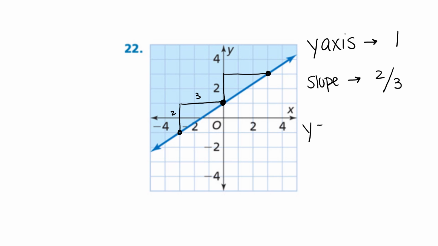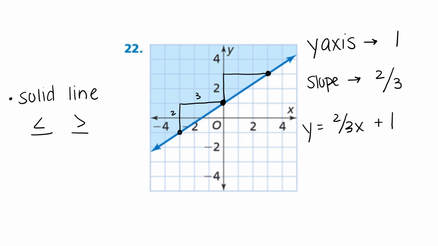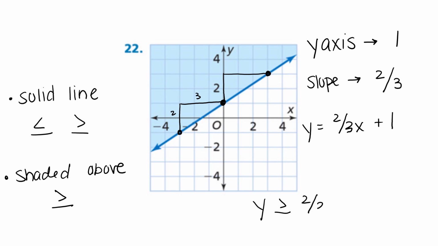Our general equation is y equals 2/3 x with the +1. Step 2 tells us that it is a solid line, meaning that we are going to include the equal symbol with our inequality. It is shaded above the line in step 3, which tells us that we want the greater than symbol. So our final answer is going to be read as y is greater than or equal to 2/3 x +1.